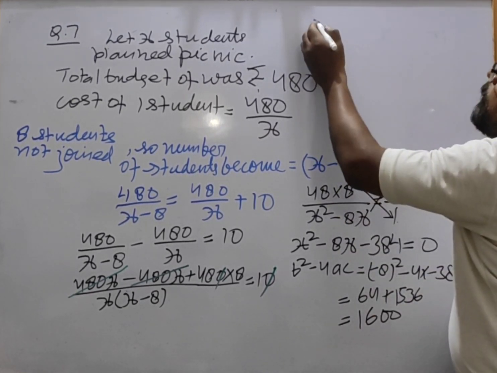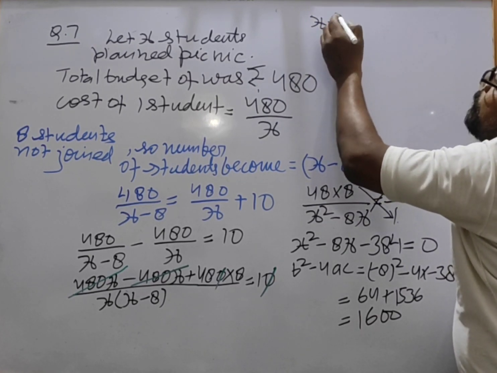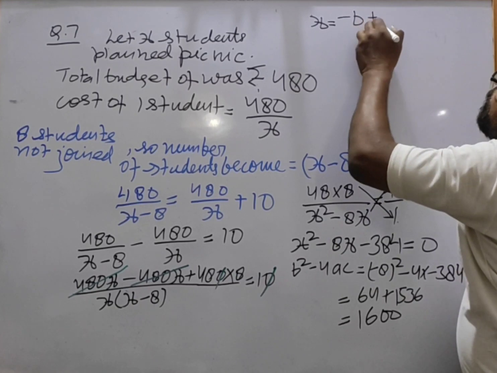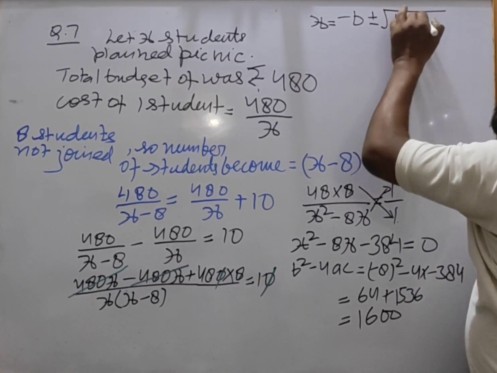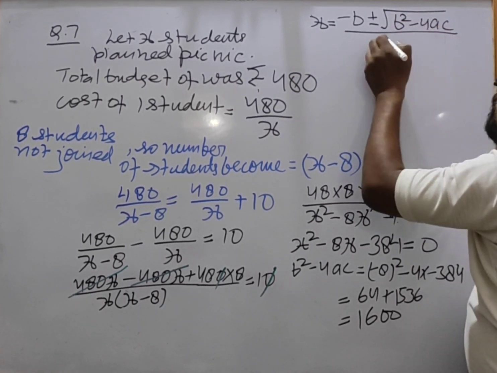So now we get x is equal to minus b plus minus square root of b square minus 4ac upon 2a.